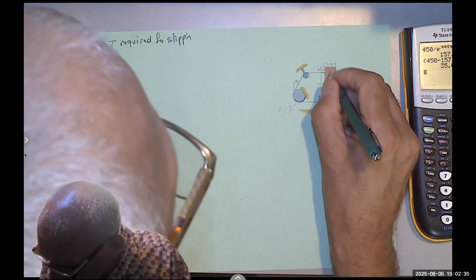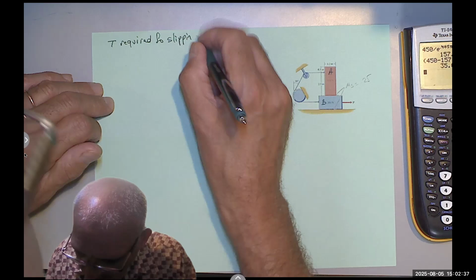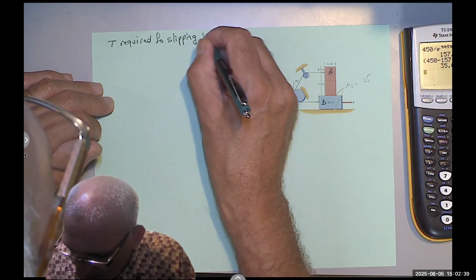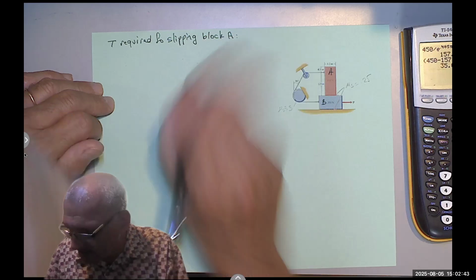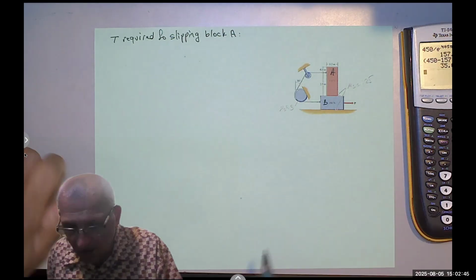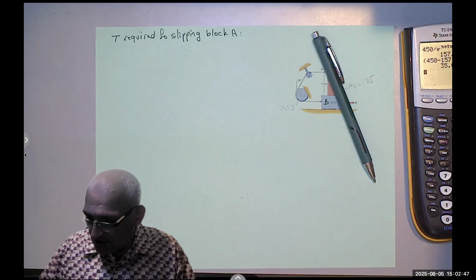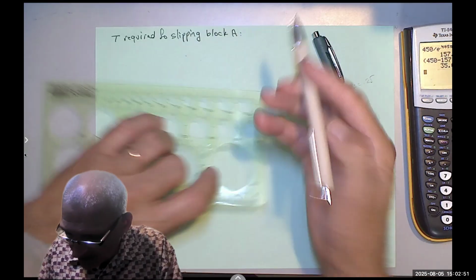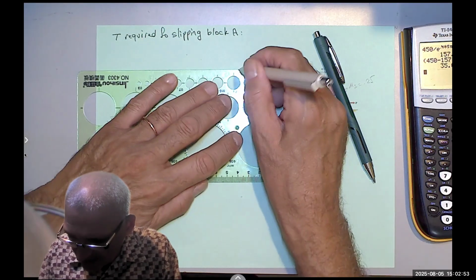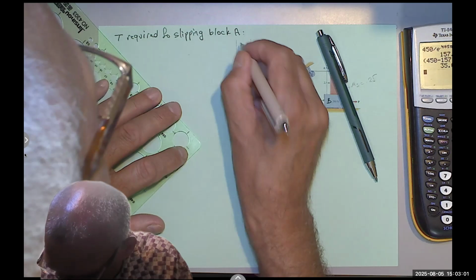Let's call this A and this is B. Slipping block A. Or we could have said the 100 Newton block. Okay, so in order to do that, we will draw the free body diagram of the block. Again, we don't want to waste time on that. Just any rectangle, I don't care about it. For slipping, we don't even need the dimensions, so I'm not going to show anything.